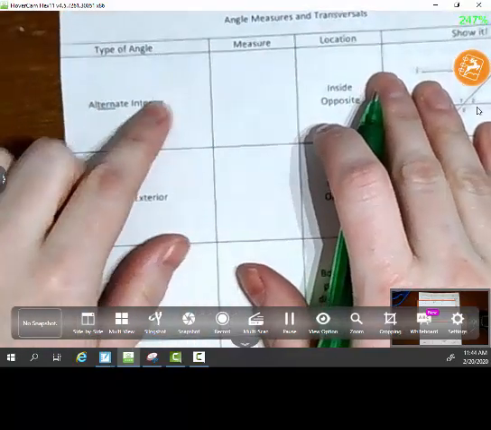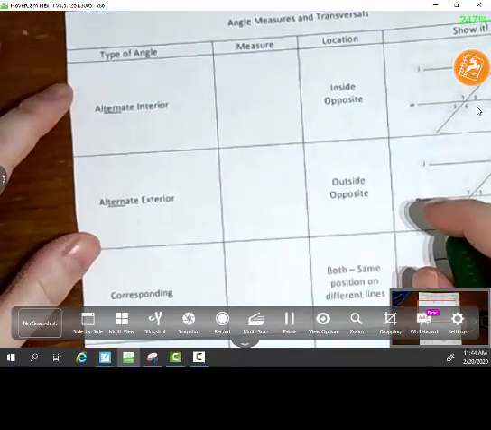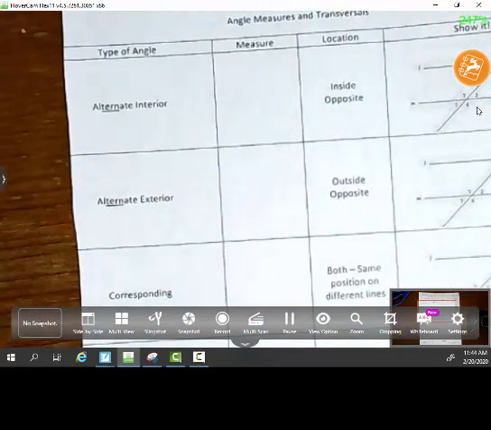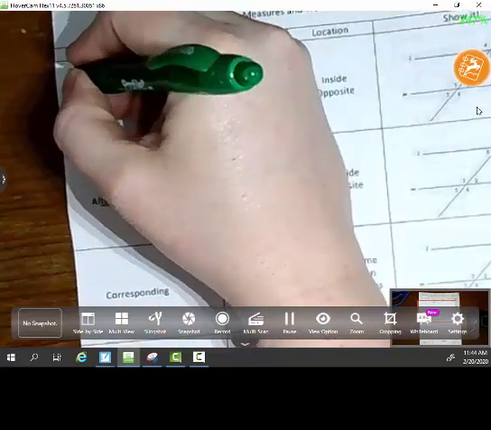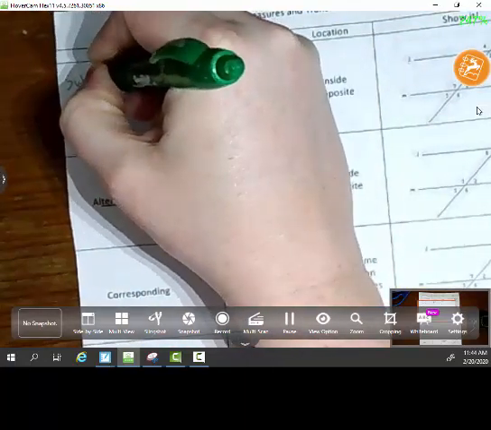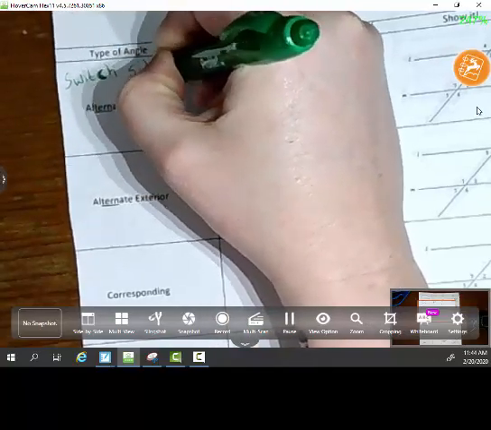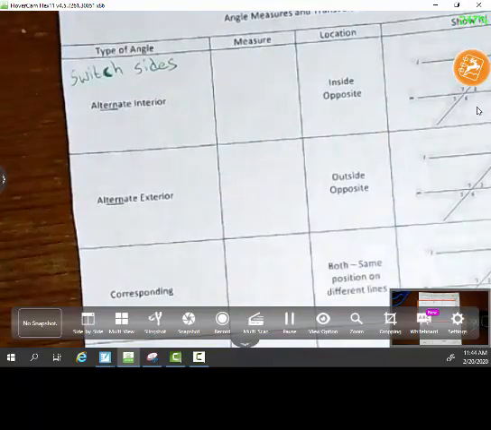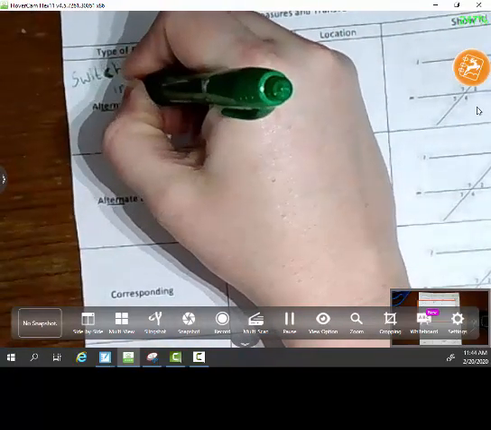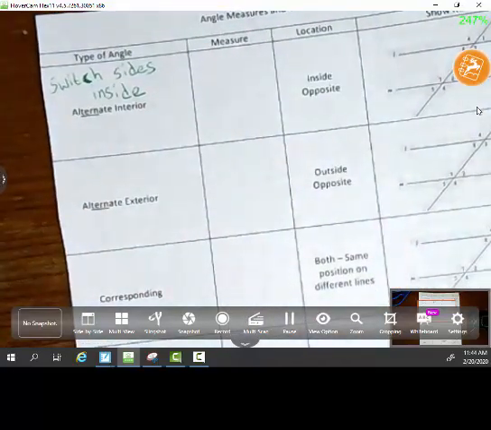Alright, so alternate interior. What does it mean to be alternate interior? What's it mean to alternate? So switch sides. Switch. And what's it mean to be interior? Inside. So switch sides inside.